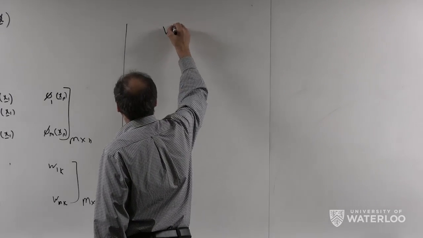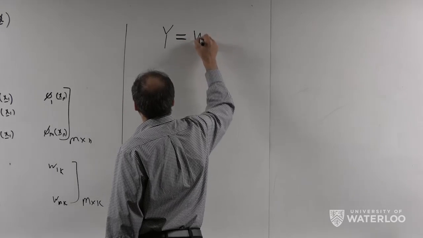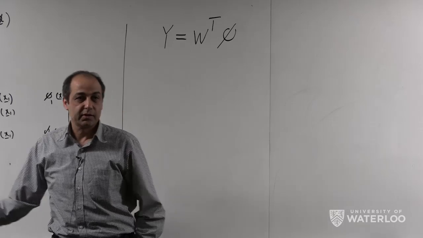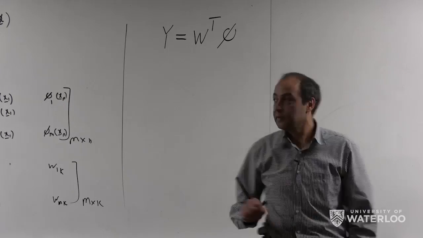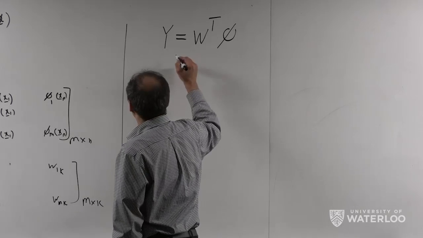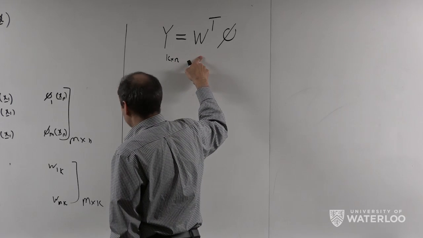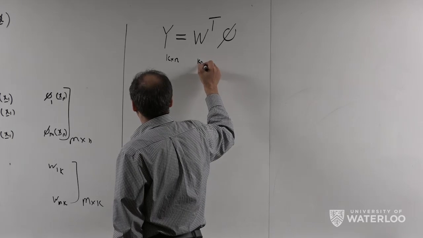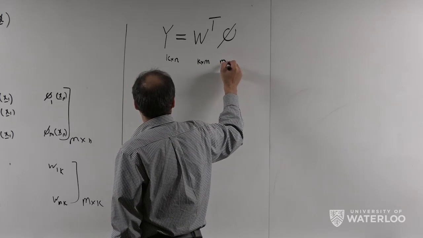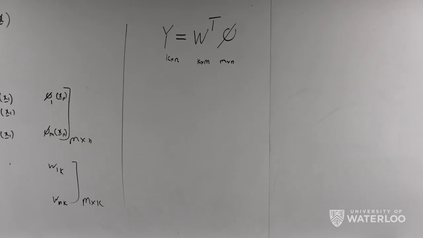I can say that the output Y is basically W transpose phi based on this notation. Y is a K by N matrix, and W is M by K, so W transpose will be K by M, and phi is M by N. So it's K by N. So I can write Y as W transpose phi.